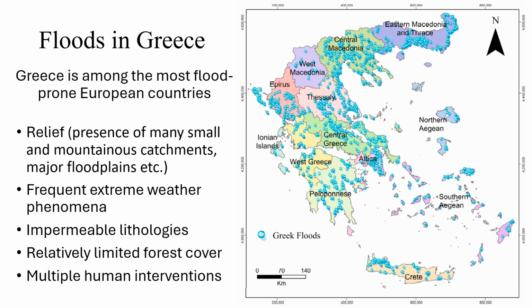Regarding Greece, its susceptibility to floods is higher compared to most European countries. Greece is among the European countries with the most flood events as well as the most severe damages, which have shown an increasing trend over the last decades, which is owed to its relief, the presence of many small and mountainous catchments and, on the other hand, major floodplains.